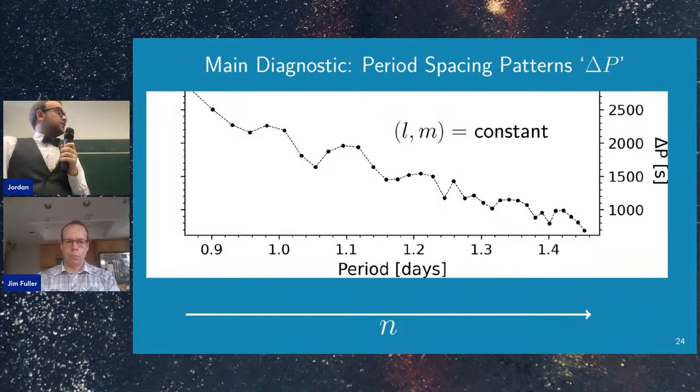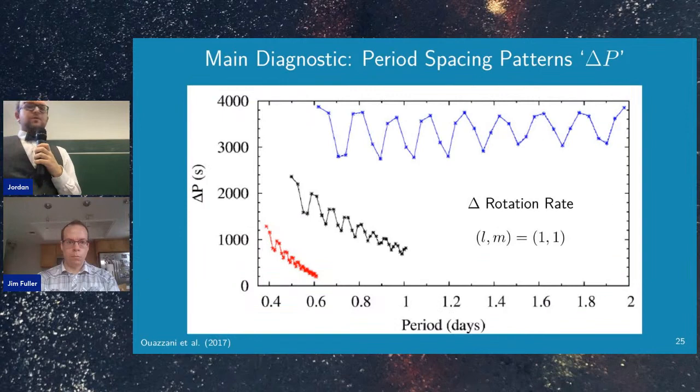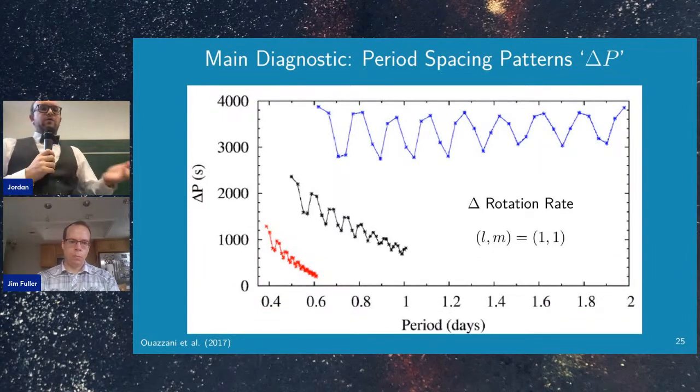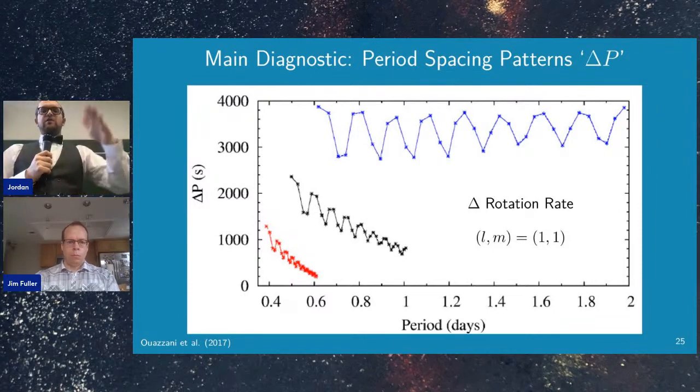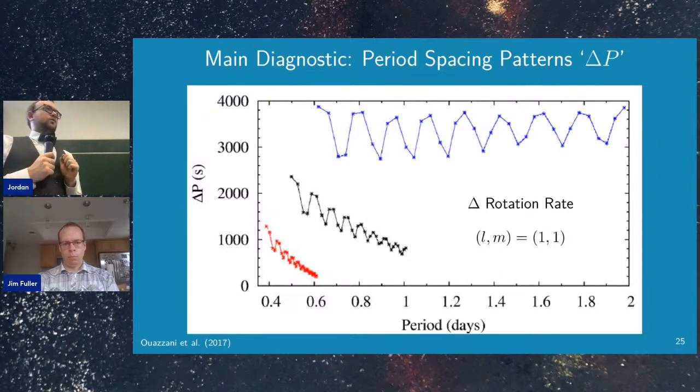Now these patterns differ depending on the medium through which the waves propagate. So, for example, if the medium you are considering is rotating at a different rate, let's consider a star that is rotating as a whole, not differentially rotating.